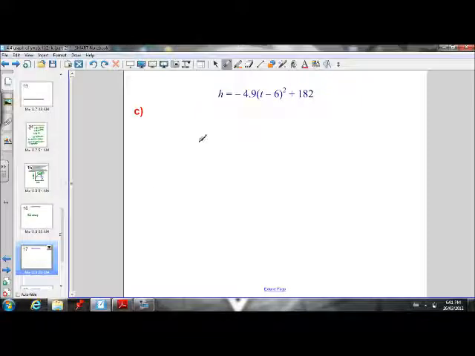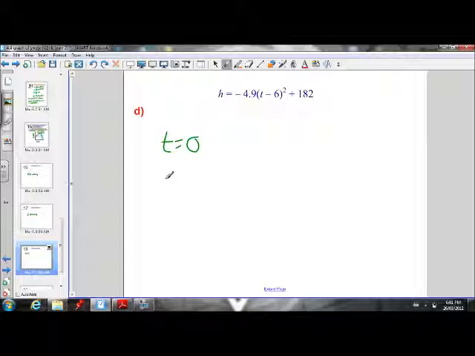C, how long does it take me to reach my maximum height? 6 seconds. D, when time is equal to 0, when T equals 0, that's when I'm launched. When T equals 0, the height is 5.6.